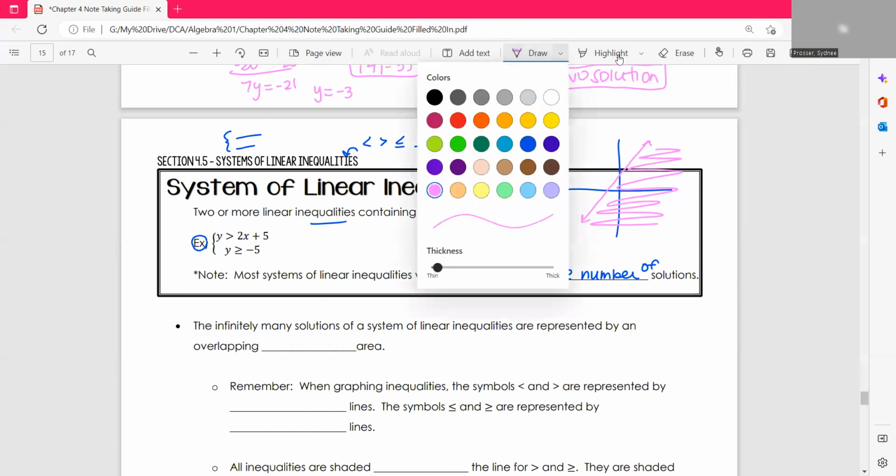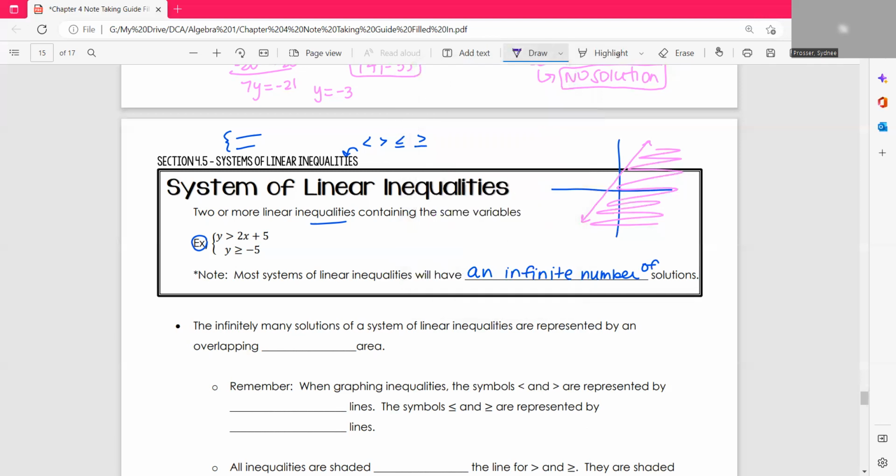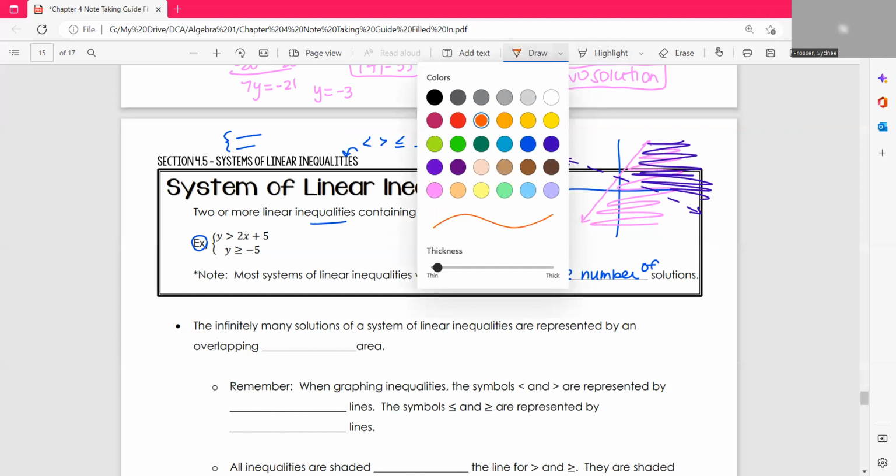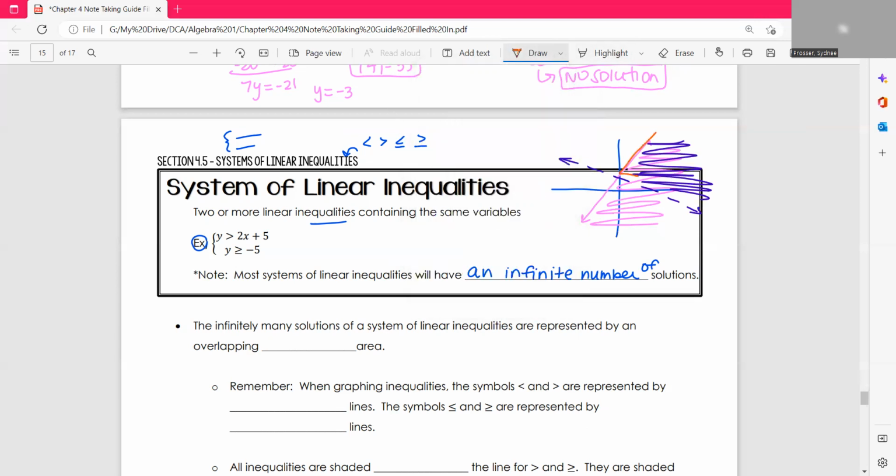Then if I graphed another line, and when I shaded, the only solution is where the two shaded regions overlap. In this example, this is where my solution would be, in this region of this graph. And that's why it's an infinite number of solutions.